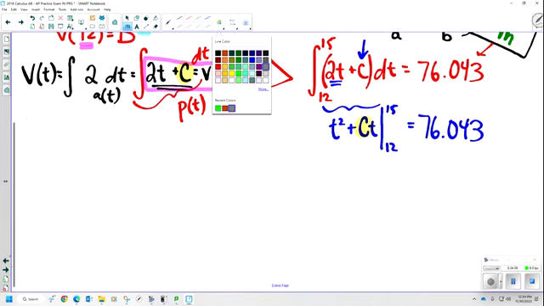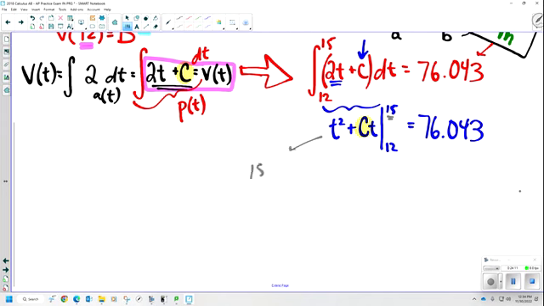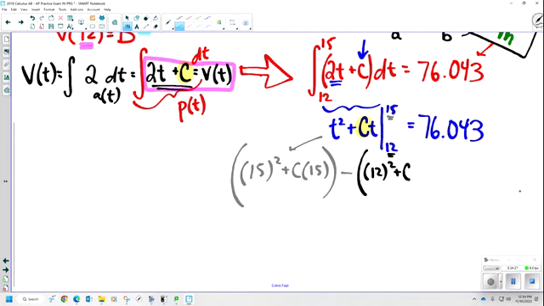All right, here we go. First I put the upper bound in: 15 in for t squared plus c times 15, minus putting in the lower bound of 12. So I put the 12 in for t and square it plus c times 12. And that should equal 76.043. Let's do some math.